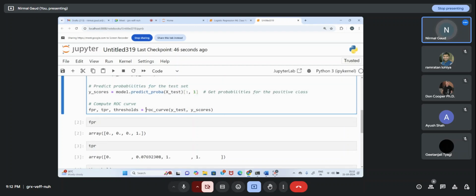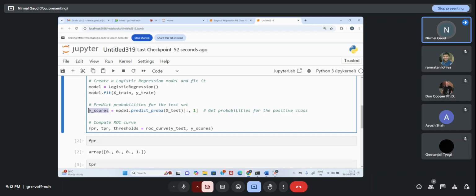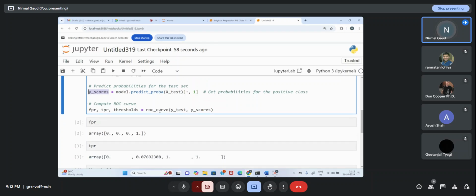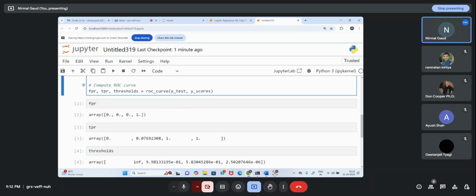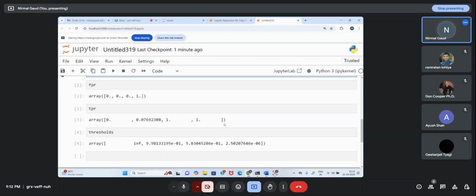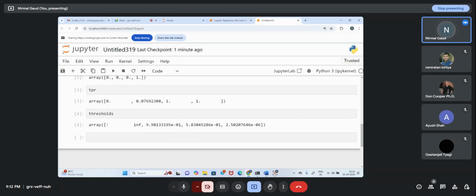These are the threshold values for them. We need to find the ROC curve based upon y_test and the y_score. y_score are the predictions. y_test are the actual values. So if I need to make a ROC curve between these two, this is what I will get as parameters. So FPR is this, TPR is this, and these are the threshold values.